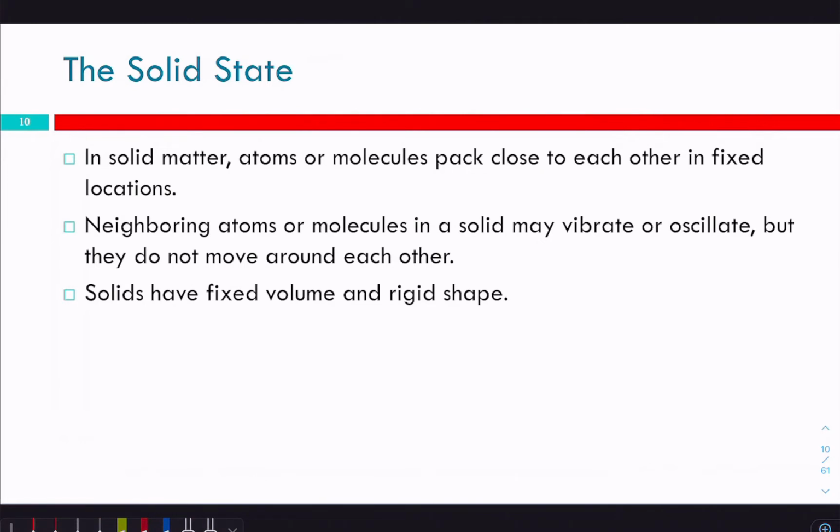So in the solid state, the atoms and molecules are packed close to each other. And they're packed so close that they can't move. It'd be kind of like being right in front of the stage at a concert, right? Everybody is so packed in that you can't move around unless you're in the mosh pit.